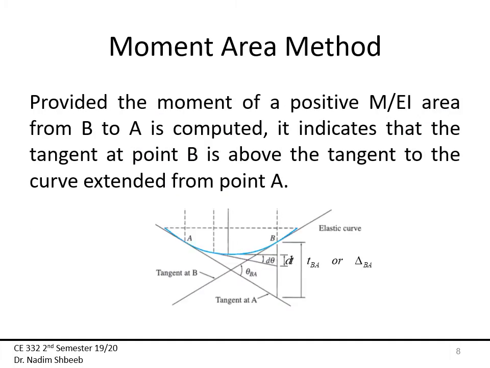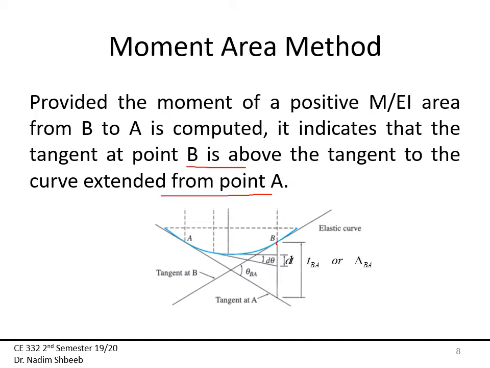As far as the sign convention goes, if my moment is positive from B to A, it indicates that the tangent at point B is above the tangent to the curve extended from point A. And since here we have a positive moment, this is telling me that point B is above point A. That's going to help me in the future if I don't know how the elastic curve is going to look.